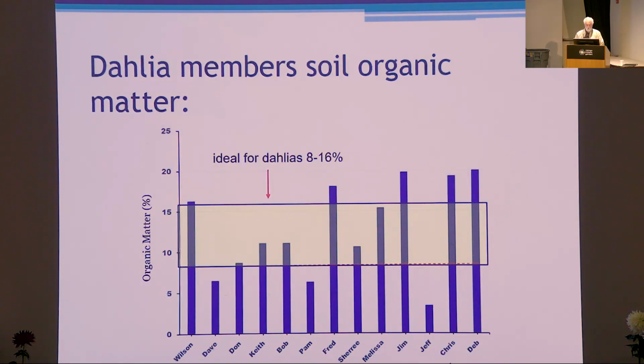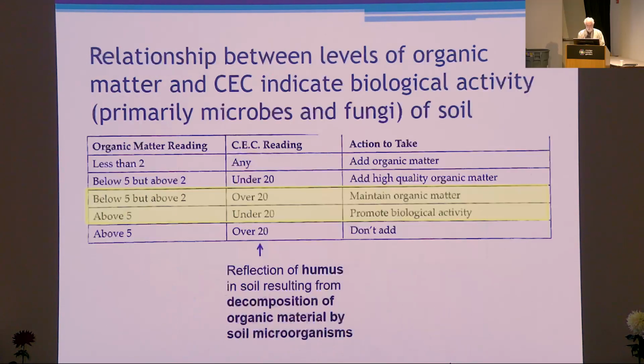So here are the organic matter levels of a variety of different dahlia growers. And so generally 8 to 16% is good, but really the sky is the limit. There's nothing wrong with having too much organic matter. And so you can see that most dahlia growers are maintaining fairly high levels of organic matter in their soils.